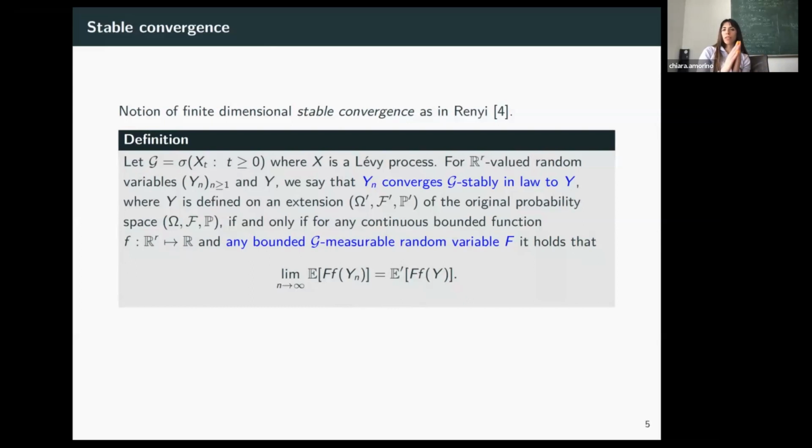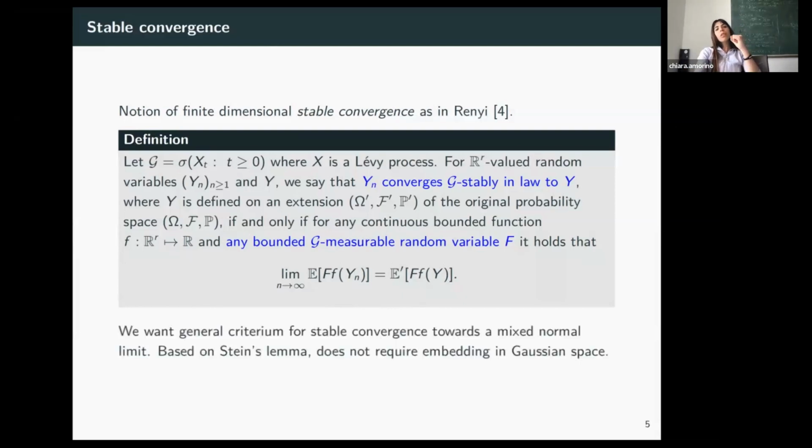This was the definition of stable convergence, and once we have that, we can move further. What is the prime on the right? Why is it E prime? It's the expectation in the new probability space, because we are now on the extended space. You see that this random variable Y is defined on the extension, and as you have this probability P prime, with respect to it you can construct the expectation E prime. Can you put prime on the left as well for free?